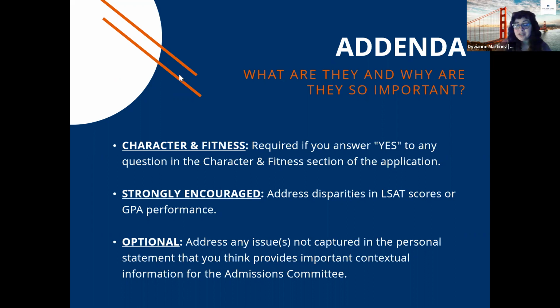And if you reply to any of those questions with a yes, you will have to submit an addenda describing to us what happened, what the situation was around any of those issues that you had, either within your schooling or personal life.